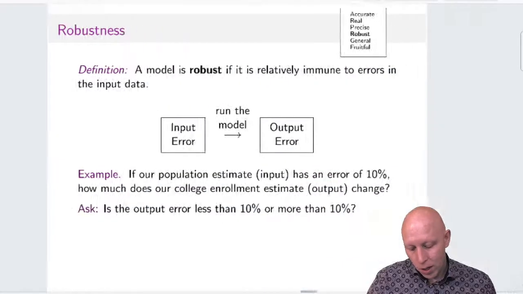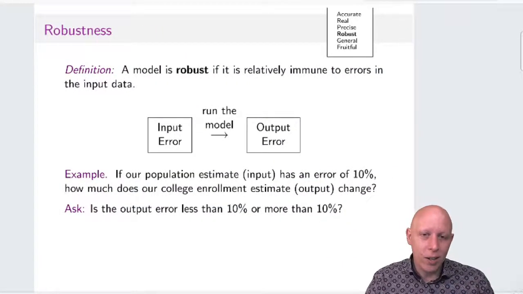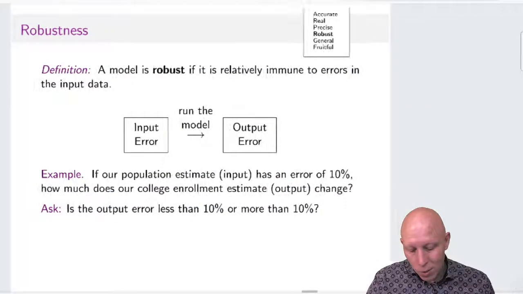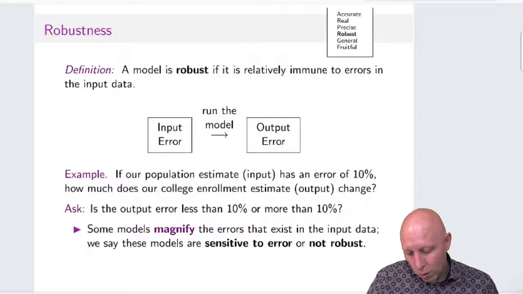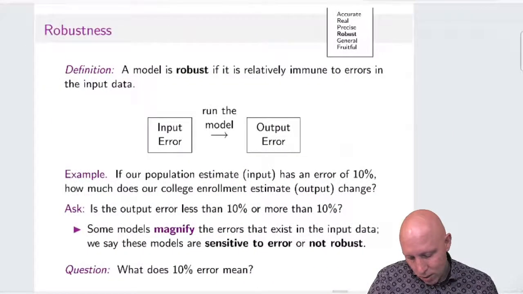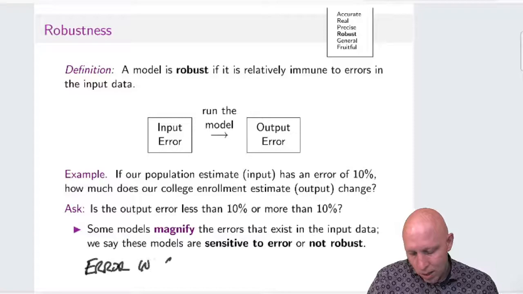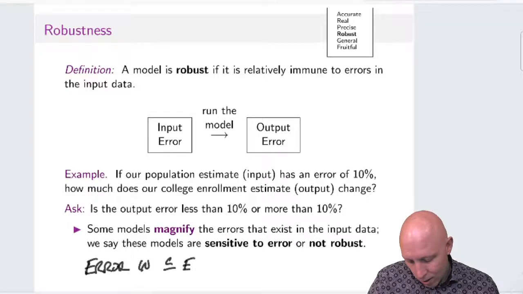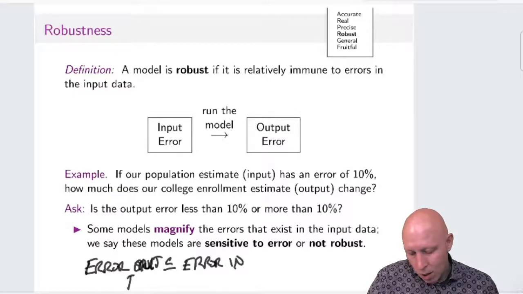So is the output error less than 10% or more than 10%? If error out is less than or equal to error in, we're going to say that the model is robust.